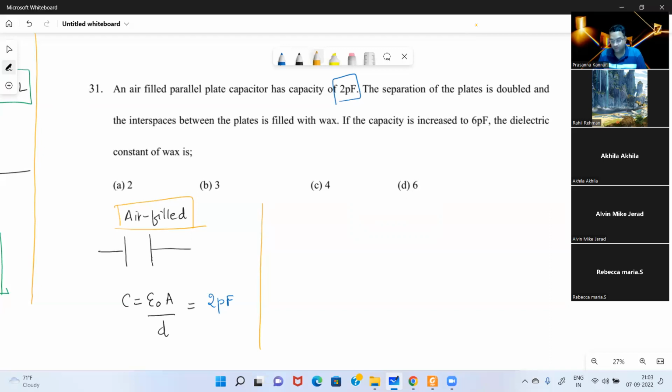Now what are we doing? The separation of the plates is doubled. If it was D here, how much is it now?